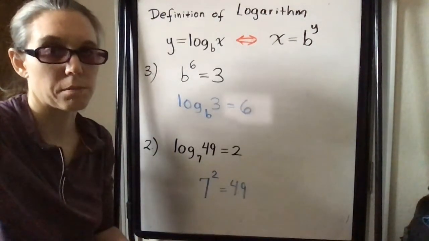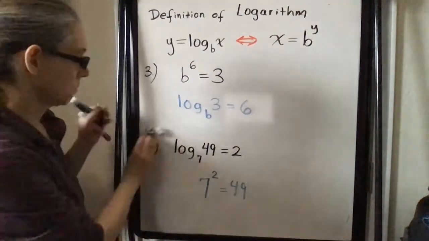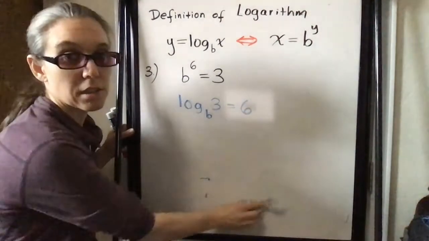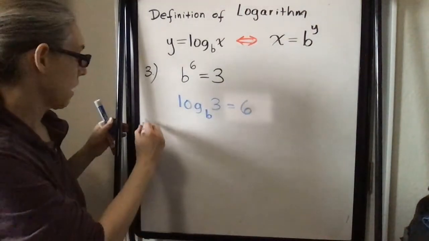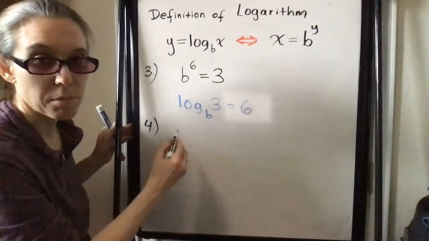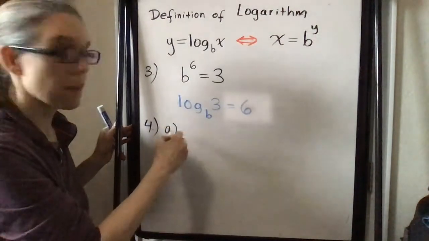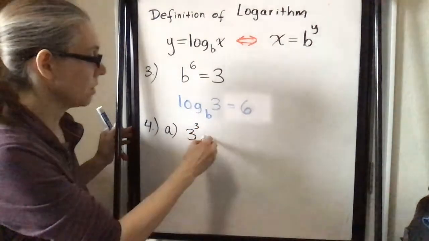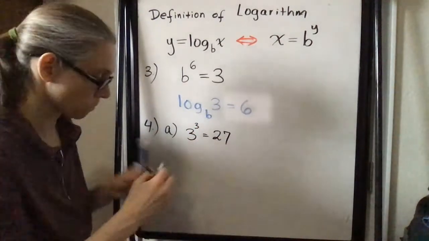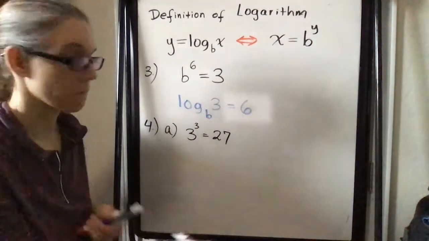Question number 4 has a part A and a part B. We are taking exponential form and going back to logarithmic form. In part A, we have 3 cubed is equal to 27. How do we write this as a log?